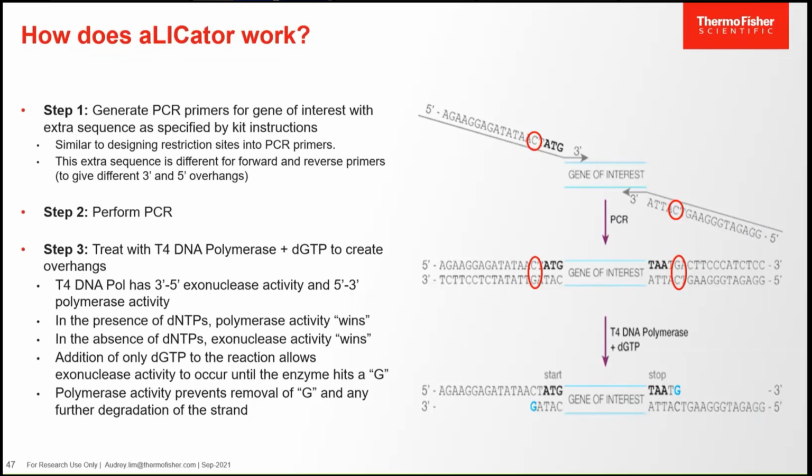This exonuclease activity will remove nucleotides from the 3' ends of the DNA, while the polymerase activity will restore the chain using dNTPs and the complementary DNA strand as a template. The polymerase activity needs the presence of dNTP to be active.